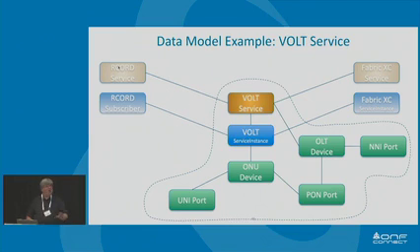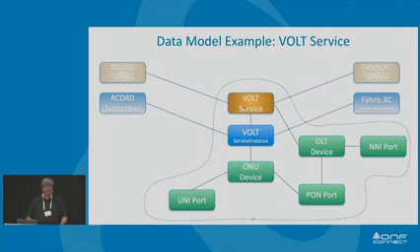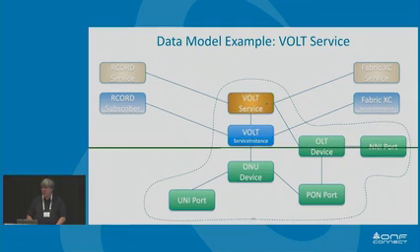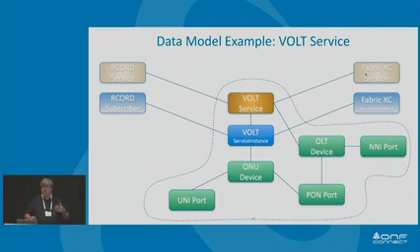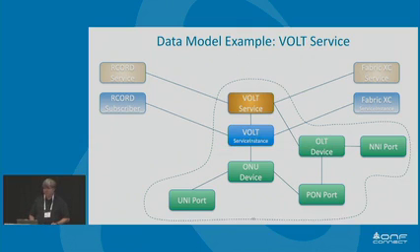So you can see that the RCORD service, that is the residential subscriber service, it uses the virtual OLT service because residential subscribers need presence in the OLT. And then the OLT service in turn uses the Fabric Cross Connect service because these OLTs need to be connected to the internet.